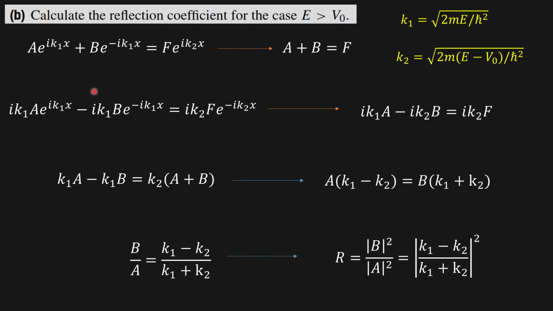Let us say your wave is moving from the left side to the right hand side, then K2 at the right hand side is equal to square root of 2m(E minus V naught) over h cross squared. Earlier case it is V naught minus E, here E minus V naught, because E is greater than V naught.